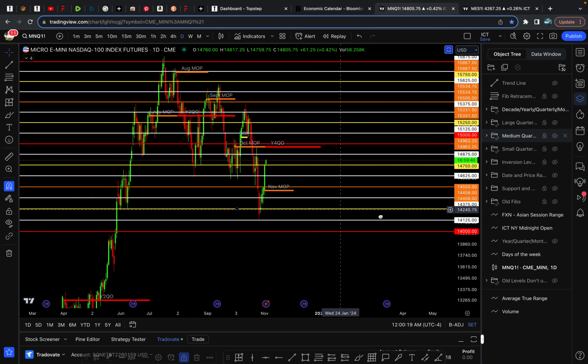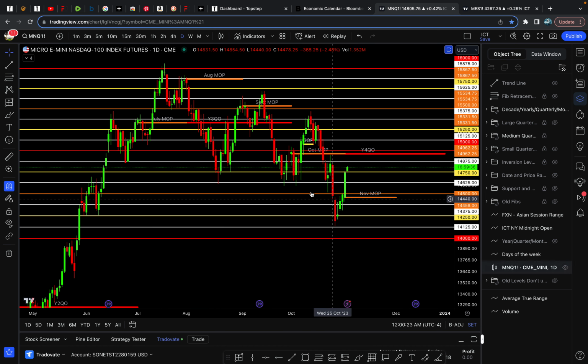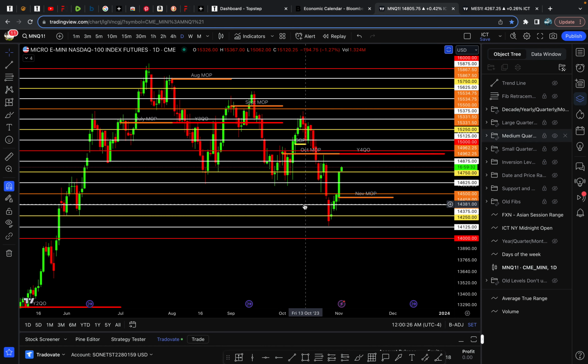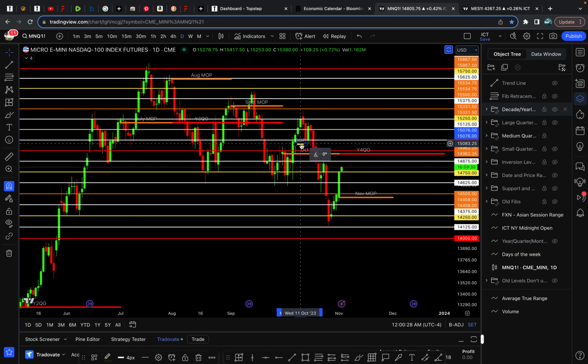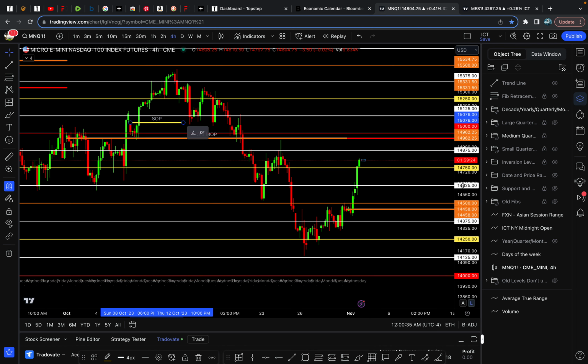I just want to point out the levels that I have on here: July, August, September, October, November. I have just one little Sunday opening price there, but the Sunday opening price is important.